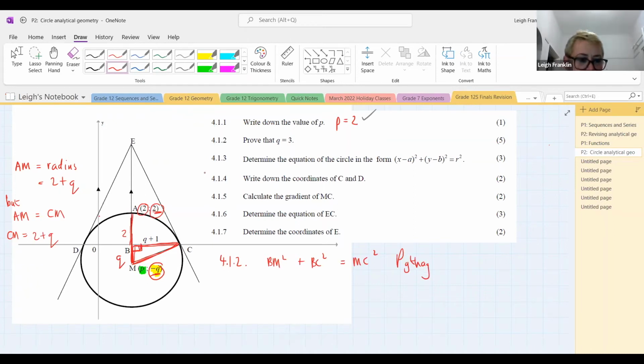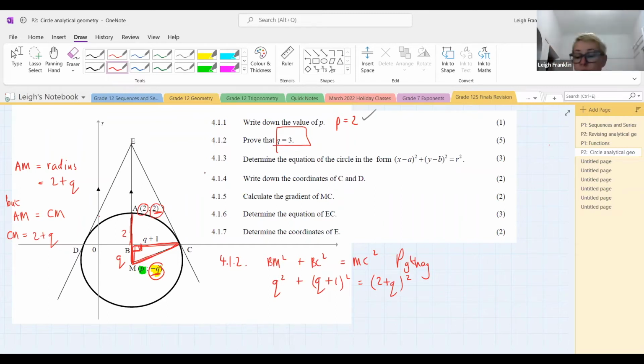Now we're going to sub in BM is Q squared, BC is Q plus 1 squared, and MC is 2 plus Q squared. So if they want us to prove that Q equals 3, we cannot verify by substitution. We have to make an equation and we have to solve for Q.